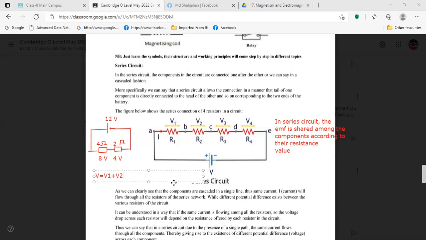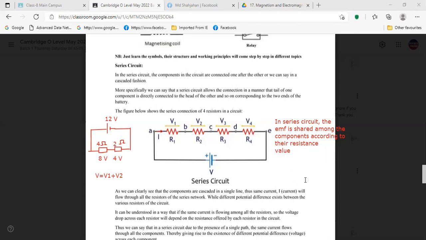Got it? Yes, sir. So it is one of the properties of series circuit that the voltage will be shared. Current is same, but voltage is shared. Remember it, the series circuit. Okay, sir.